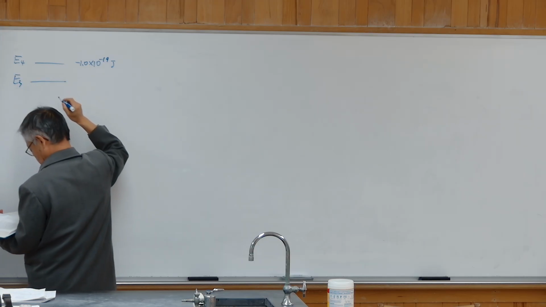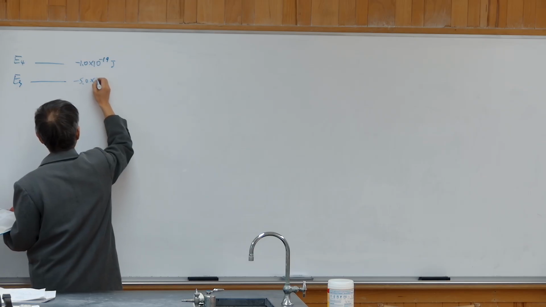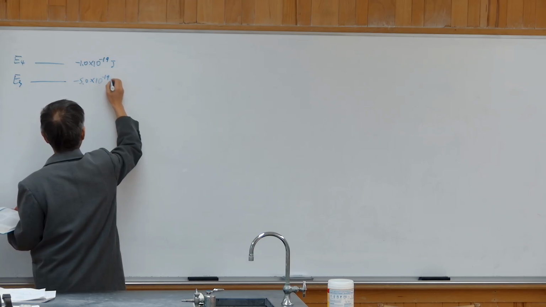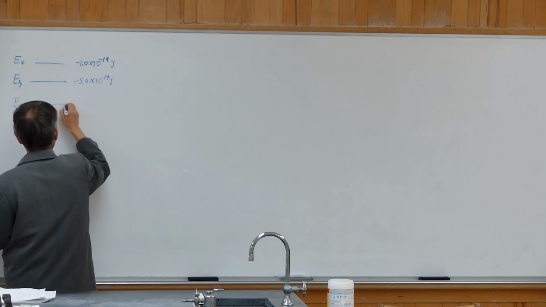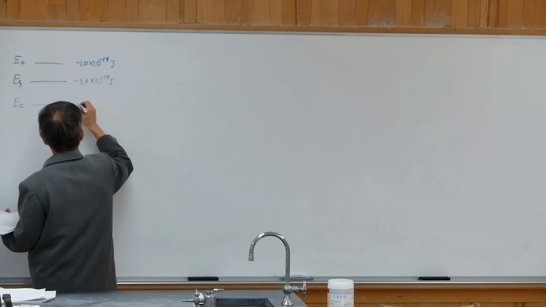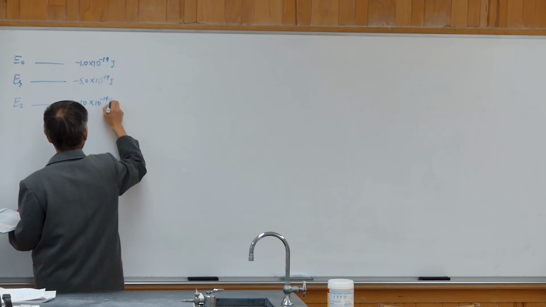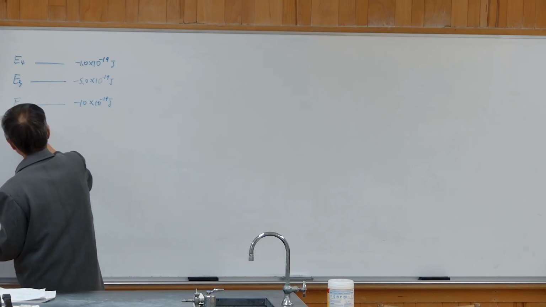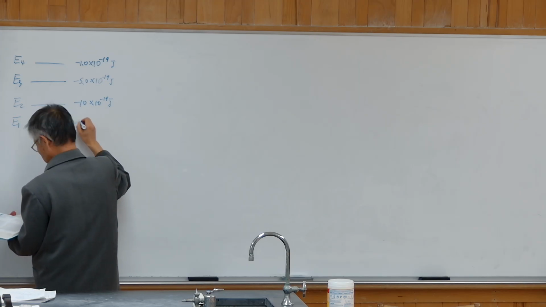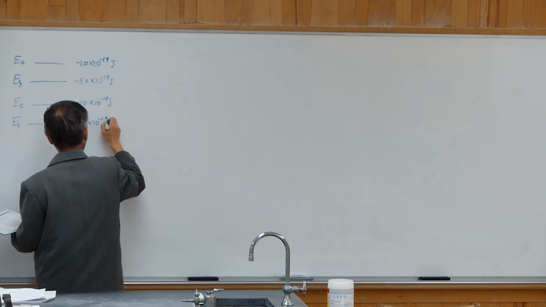E3 is negative 5 times 10 to the negative 19th power joule. E2 is negative 10 times 10 to the negative 19th power joule. And the E1 level is negative 15 times 10 to the negative 19th power joule.